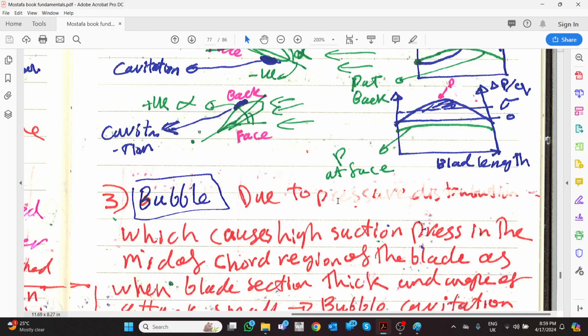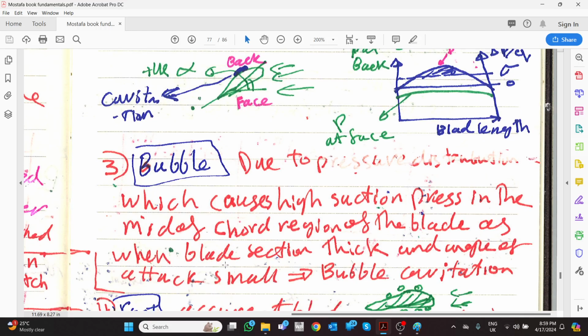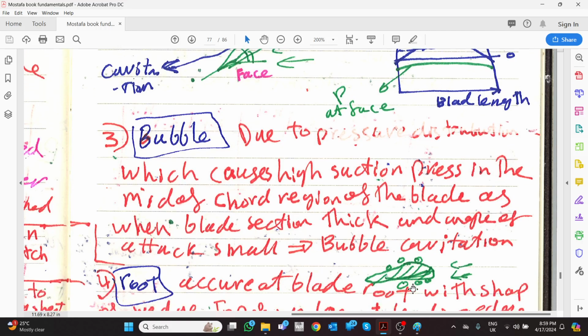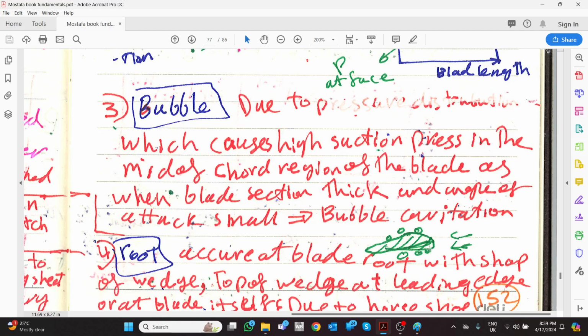The bubble is due to pressure distribution, which causes high suction pressure in the mid chord region of the blade, as when the blade section thickness is large and the angle of attack is small. It is like this.